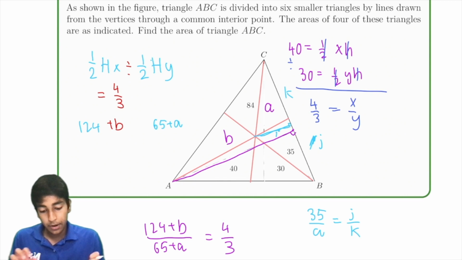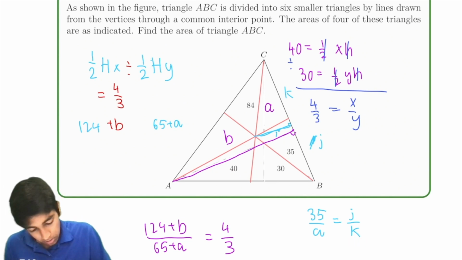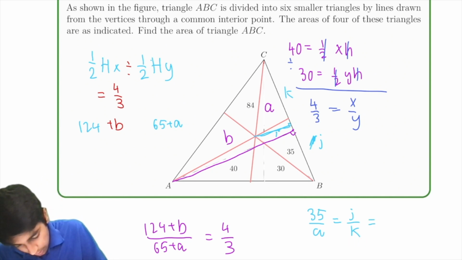So the ratio of those areas, because the altitudes are the same, is the ratio of the bases. So J over K is also equal to the ratio of this triangle, the green one, divided by the orange one.